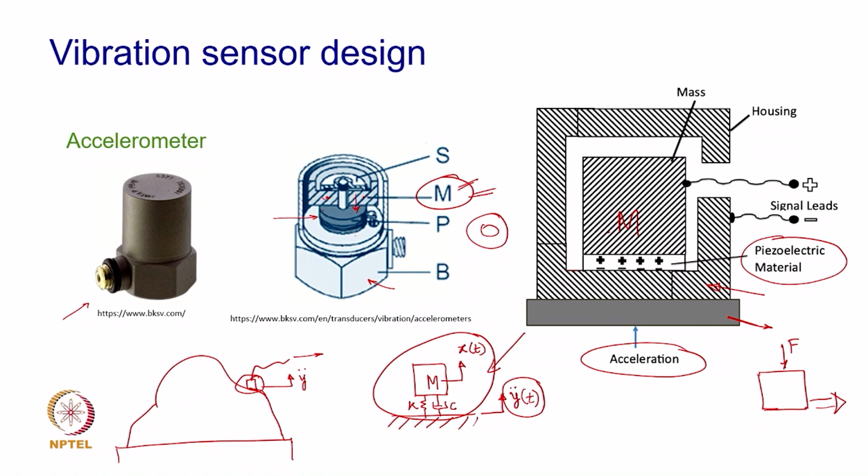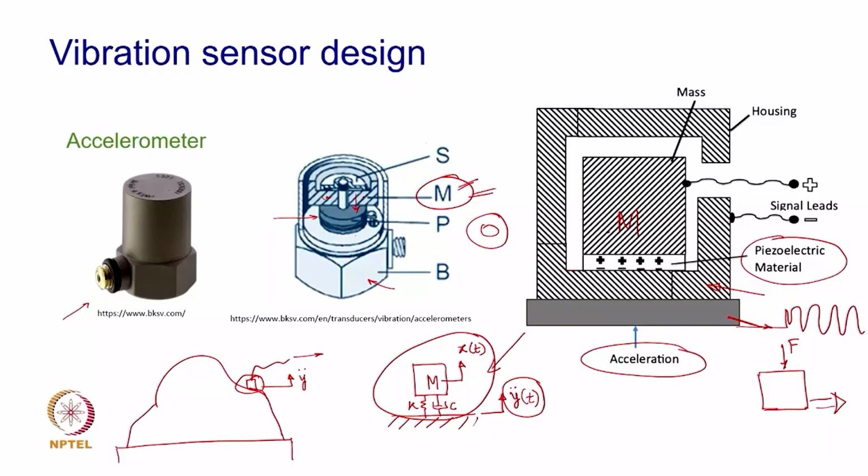So, what is going to happen is whenever this base vibrates with a certain amplitude of acceleration, because there is a mass having its own inertia at the top, there would be compression and mechanical strain developed. Now, piezoelectric material should not be put in tension; it should always be under compression.